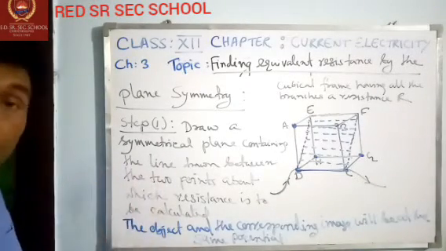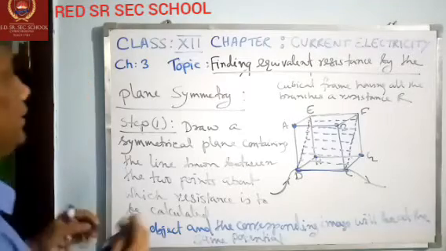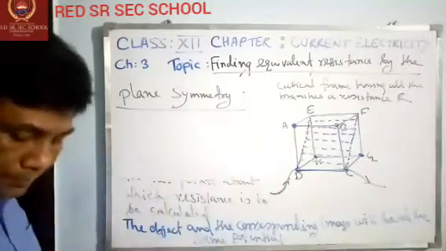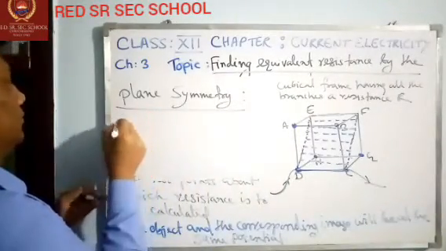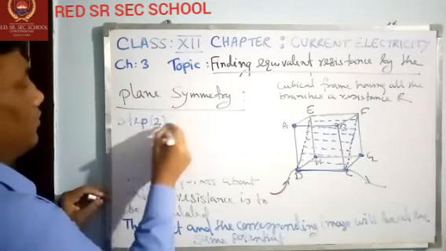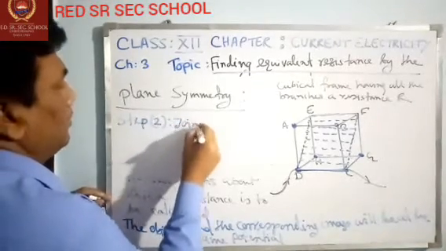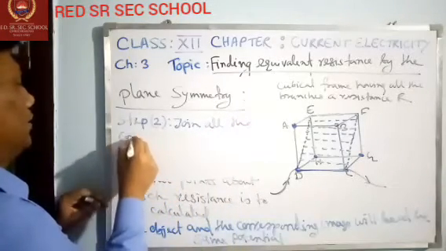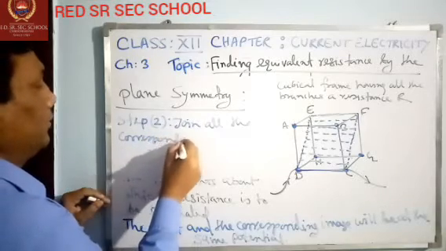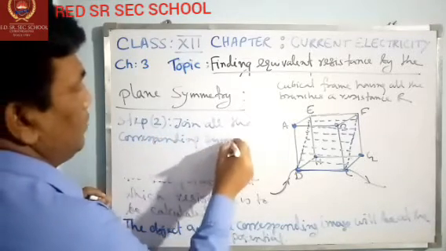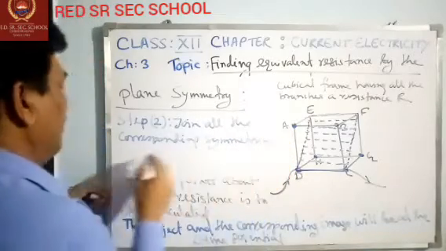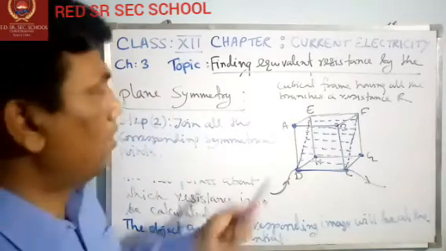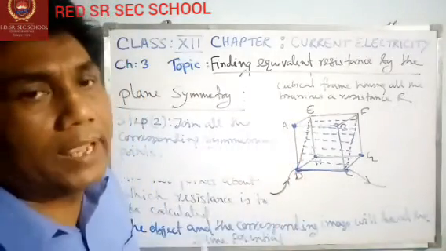What is step number 2? I am going to rub it. Step number 2: join all the corresponding symmetrical points. Now A and H were at the same potential, so I can join them.